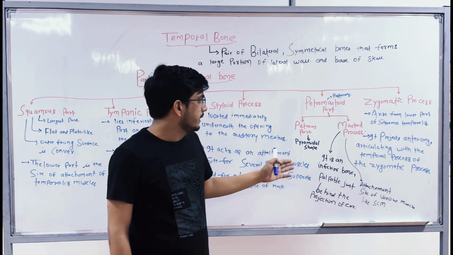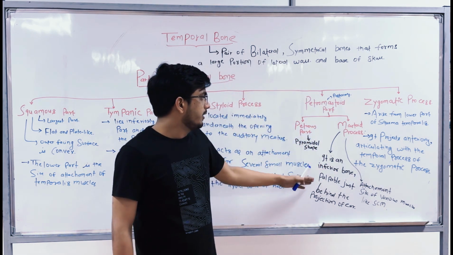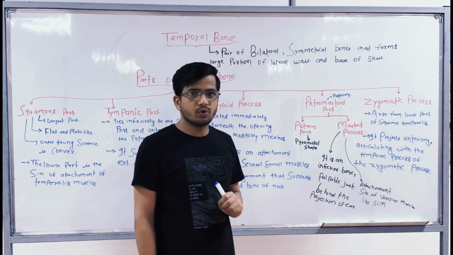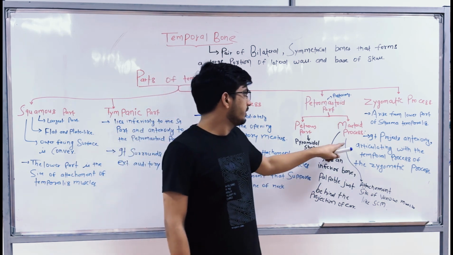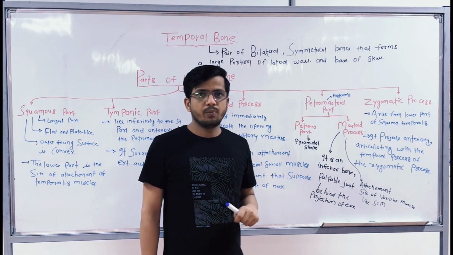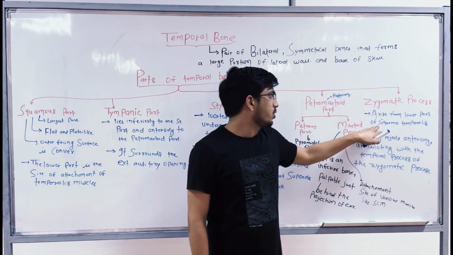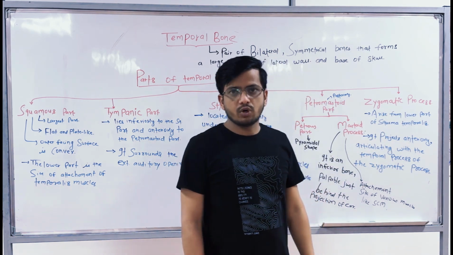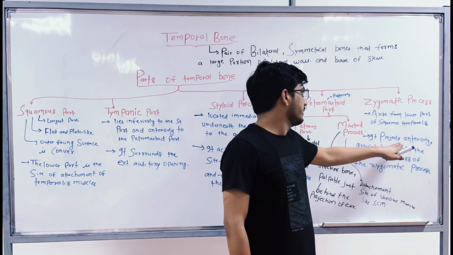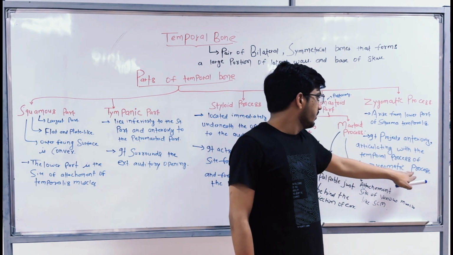The petrous part is a pyramidal structure, and the mastoid process is an inferior bony projection that is palpable just behind the ear, and it is the site for the attachment of various muscles like the sternocleidomastoid. And then we have the zygomatic process that arises from the lower part of the squama temporalis, and it projects anteriorly, articulating with the temporal process of the zygomatic bone.